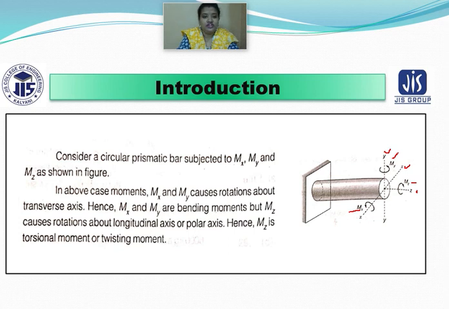For a shaft of uniform cross section which is unrestrained against warping, the torsion equation is T equals J by R into tau, or you can say JT by L into G theta. So these are the things that we need to know about torsion.